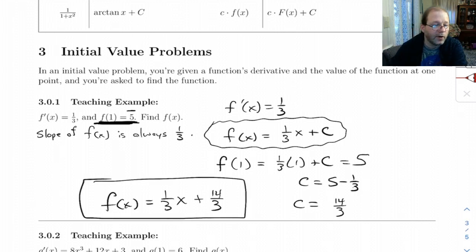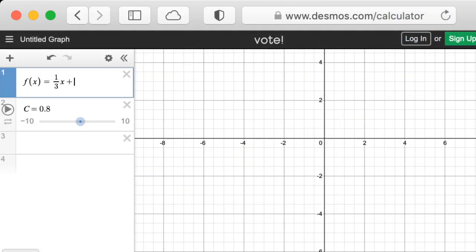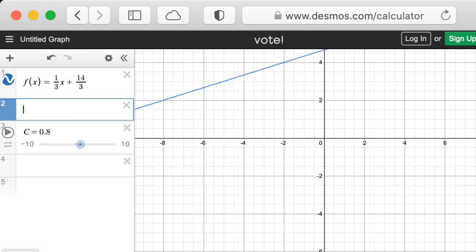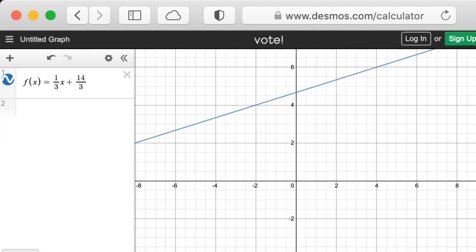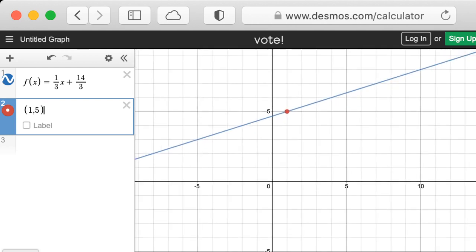And if we come back over here and graph this, 1/3 x plus 14 over 3, it gives us that graph there. And what did they tell us in the problem? They said that f of 1 is 5. So that means the point 1, 5 should be on the graph. And sure enough, it is right there.